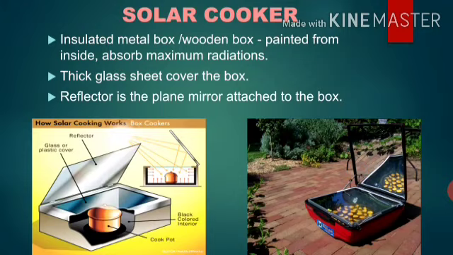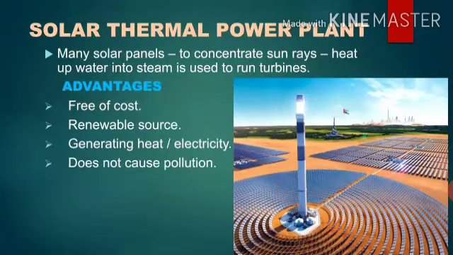Okay, the next topic is solar thermal power plant. In a solar thermal power plant, many solar panels are used to concentrate the sun rays at the center. They have turbines to produce electricity.